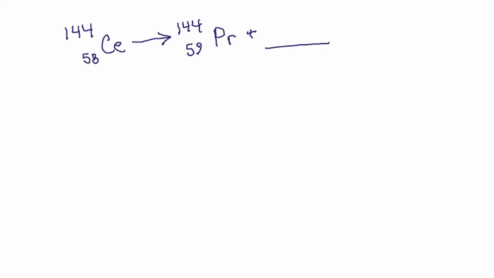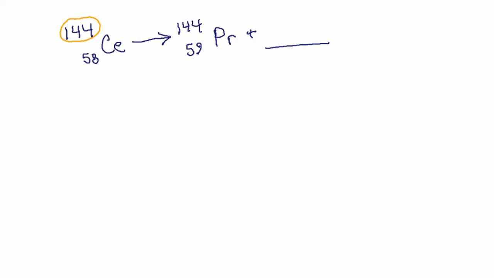So a couple more problems. We're going to do the 144 Ce, and that has an atomic number of 58. And this is how the problem is set up in your practice workbook. So let's look and see what the difference is before the yield sign and compare it to after the yield sign.